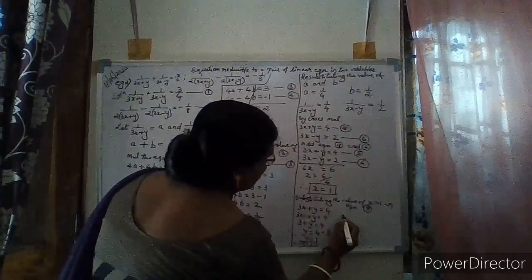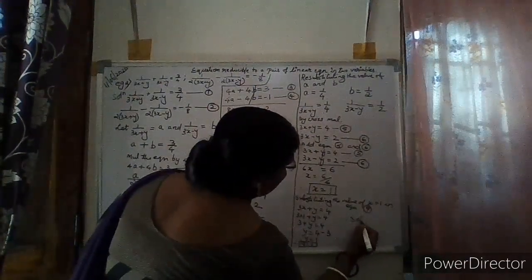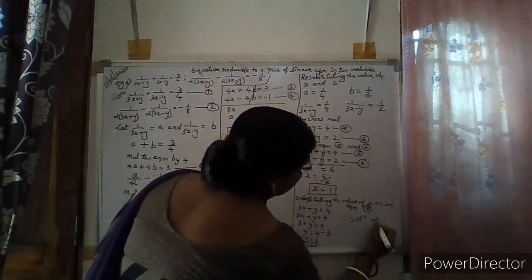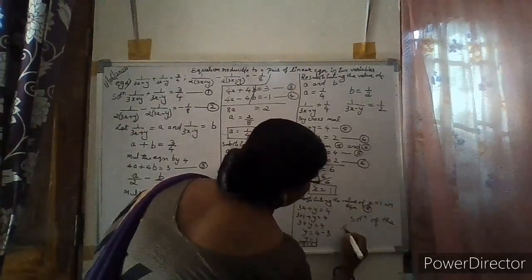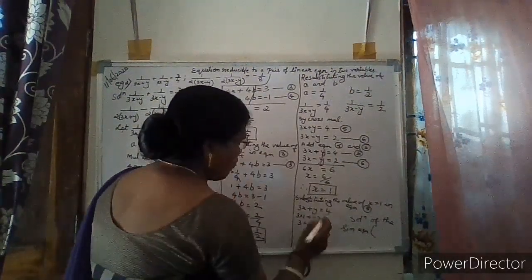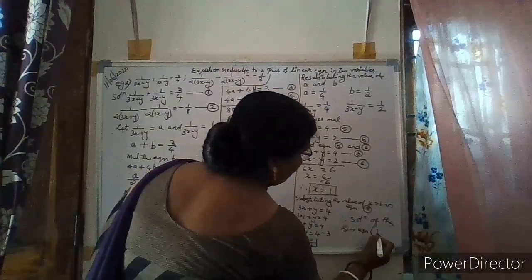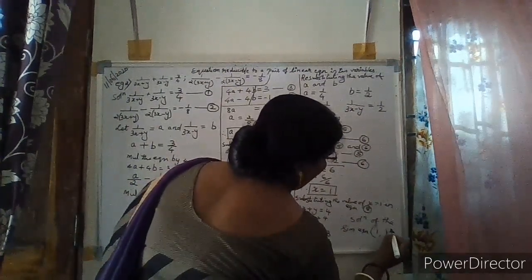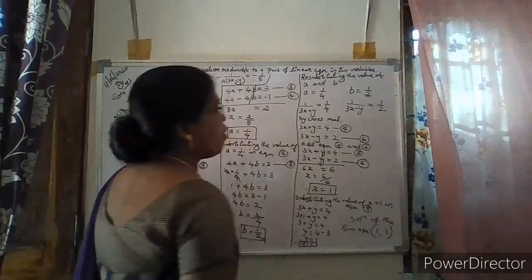Therefore, the solution of the simultaneous equations: I have got x value as 1, y value also as 1.